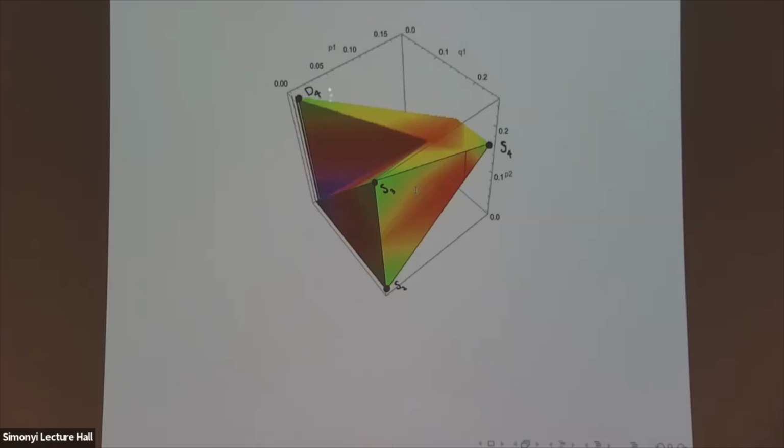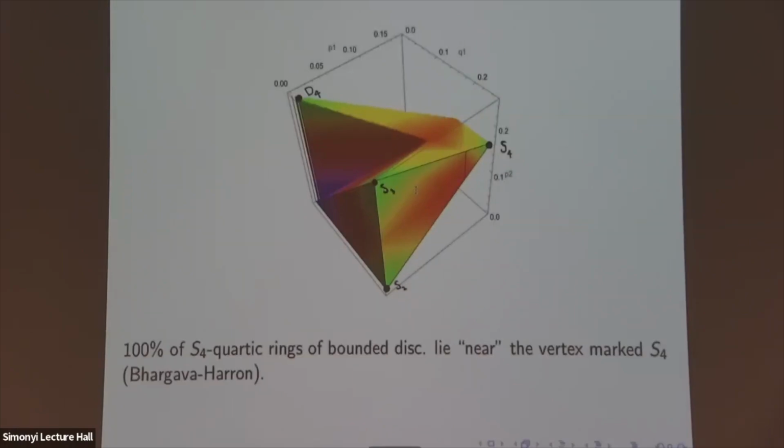And if you look at the support, you'll see that there's 4 points on which the density function is 1. And those 4 points have sort of a different algebraic meaning. So I've marked some Galois groups here. In particular, 100% of S4 quartic rings of bounded discriminant lie near here.